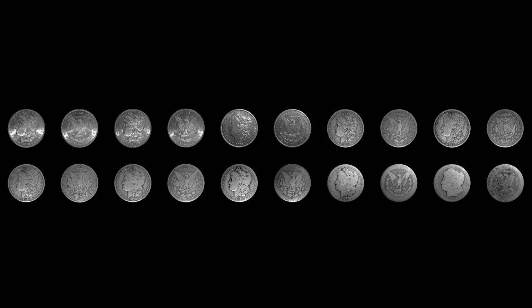The last point I'd like to emphasize is that the quantitative analysis does show, at least with these 10 coins, that it is easier to grade lower quality coins compared to the higher quality coins.